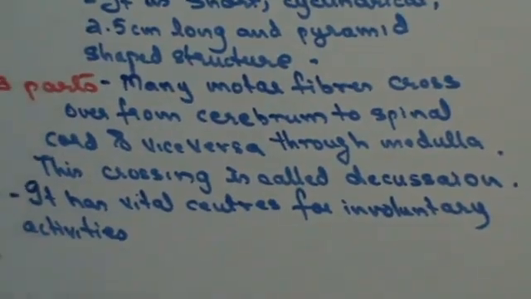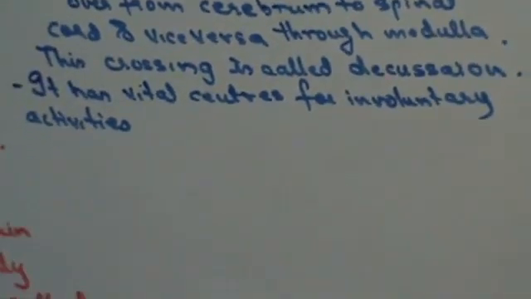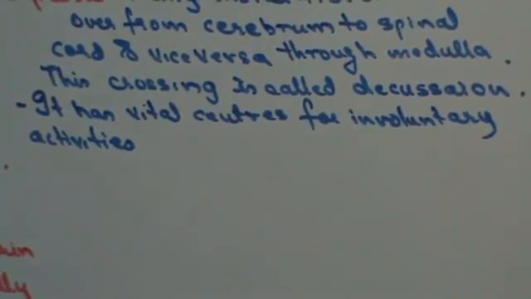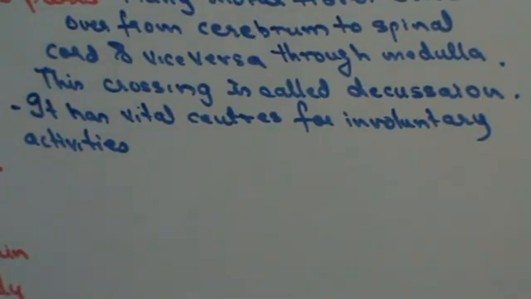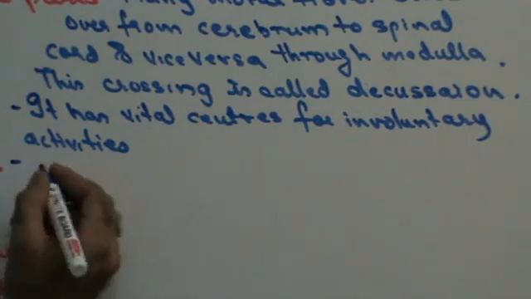Vital activities such as heartbeat, respiration, and the constriction and dilation of blood vessels are all controlled by the medulla oblongata. Therefore, a little injury to the medulla oblongata leads to sudden death.